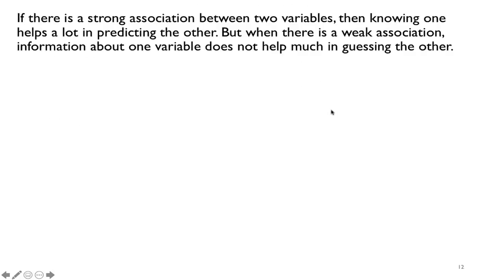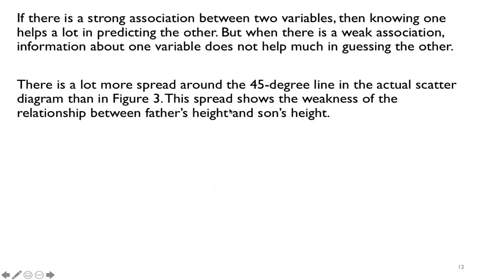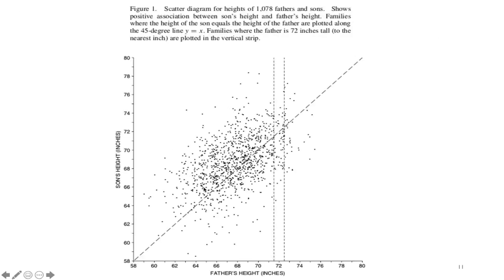The data is spread around that line, and because there's a big spread, that shows some weakness in the relationship between the father's height and the son's height. Even though there's a general correlation that trends upward, because there's so much spread, as we see in this strip, it's still a weak association, because even when we fix the father's height, there are still different heights for the son.